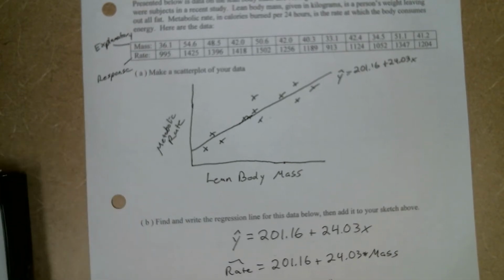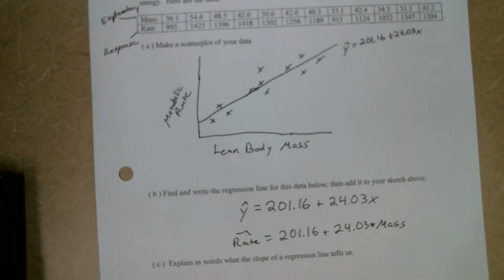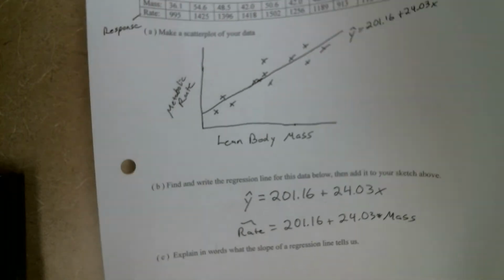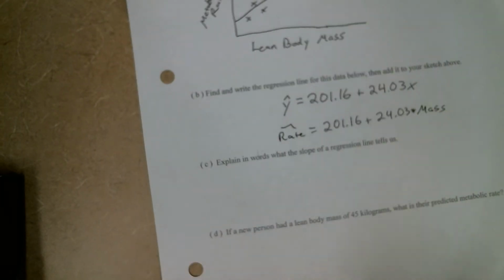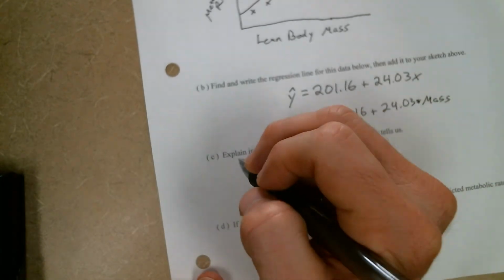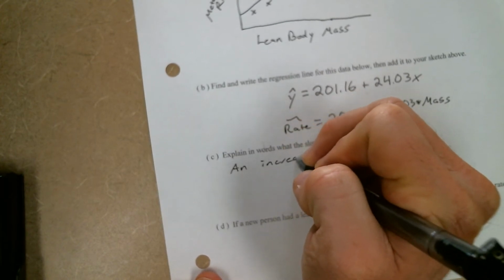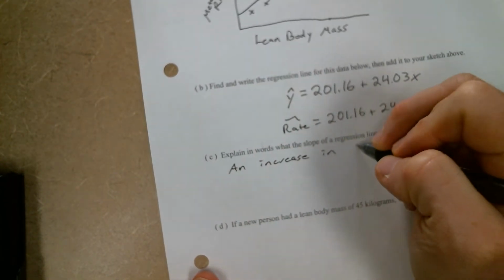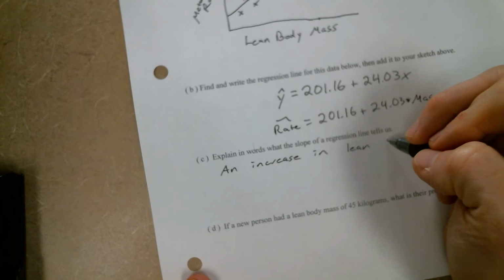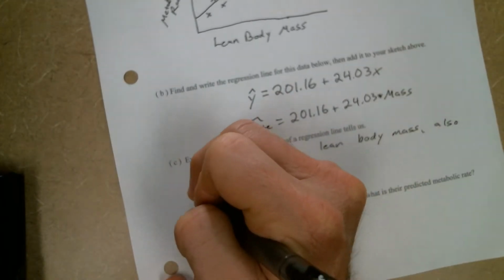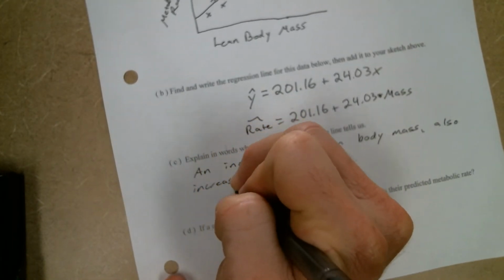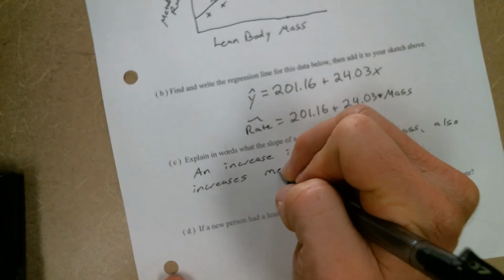Explain in words what the slope of the regression line is telling us. Again, this is putting it into context, thinking about the story that this is saying. The general idea is that an increase in lean body mass also increases metabolic rate.